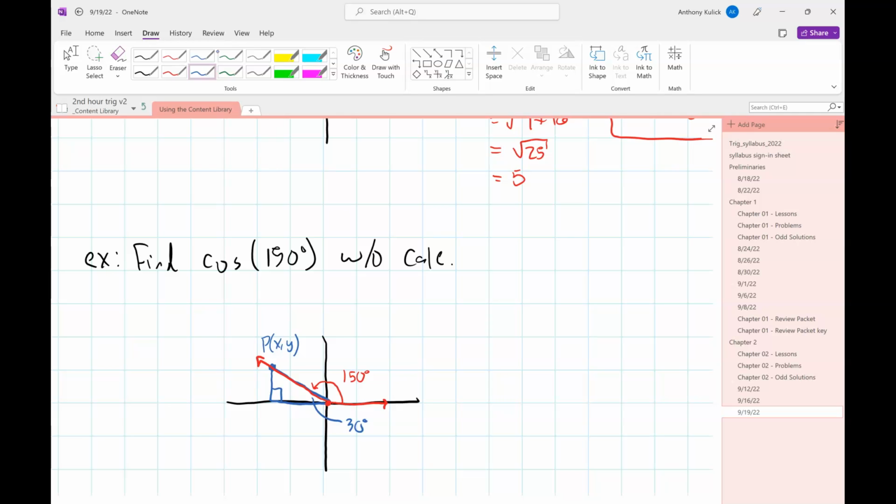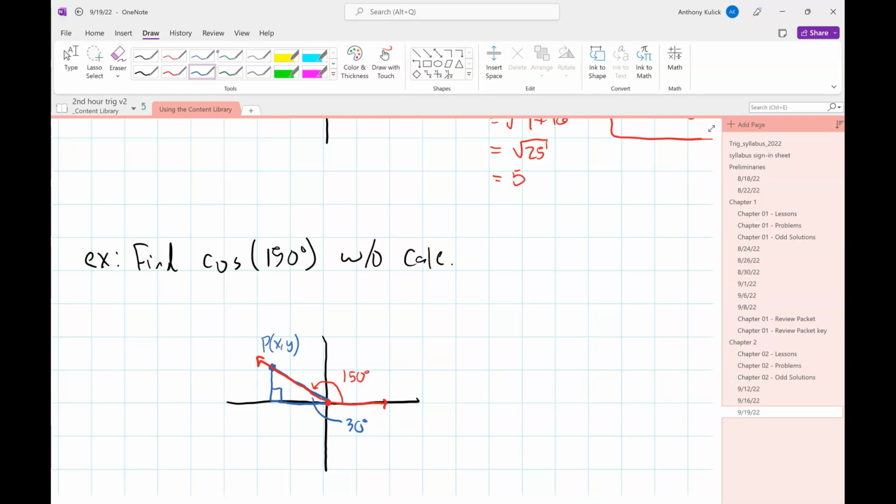Everybody's okay with that? You remember that term from geometry? Maybe, or not. A linear pair is two angles that lie on the same line. You have like one line divided into two angles. Those two angles form a linear pair. The sum of the two angles has to equal 180 degrees. That's what we have there.